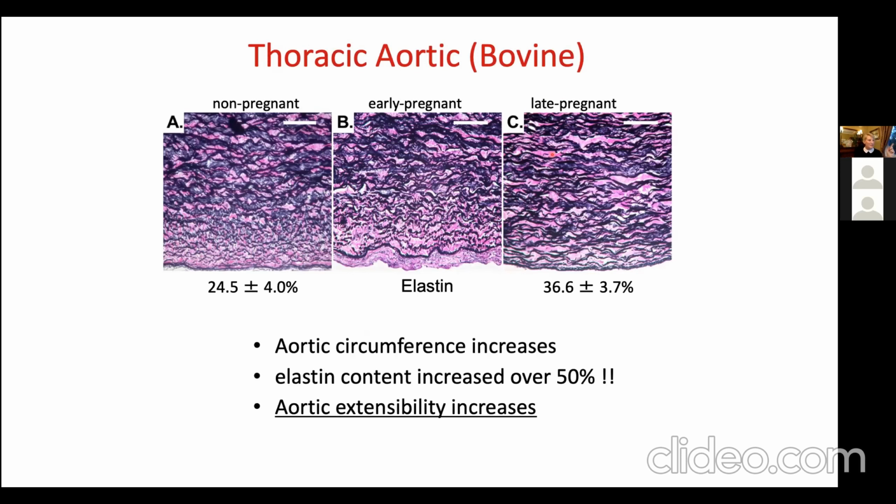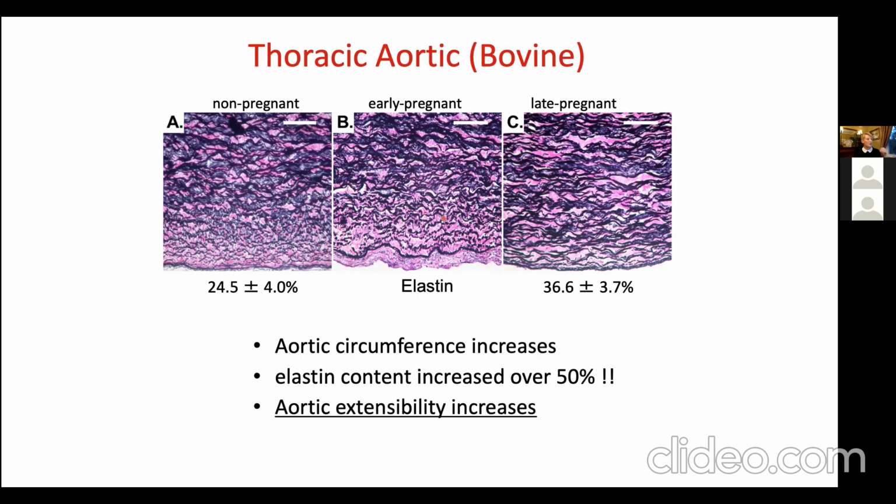And if we look at the structure, it's increasing its elastin content by over 50%. And you can even see that in these cross sections. All of these wavy fibers that you see in the non-pregnant aorta, these are elastic fibers that you see on cross section. So this is the aortic tube cut in cross section.